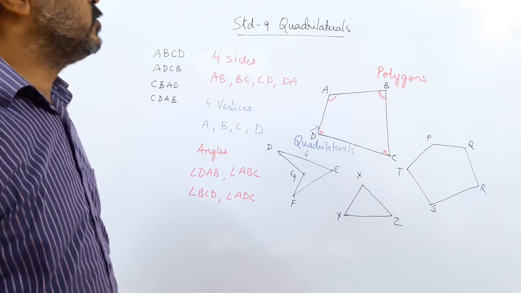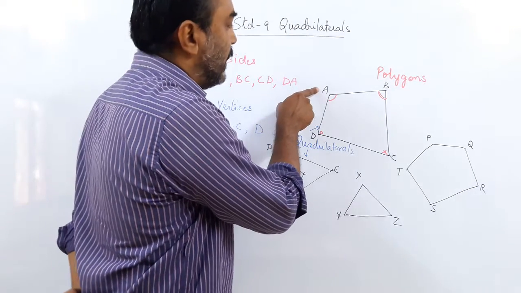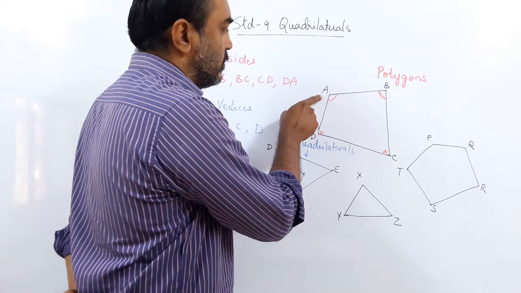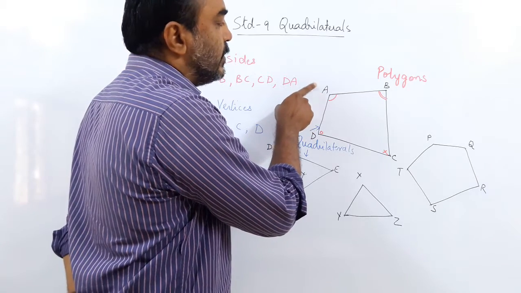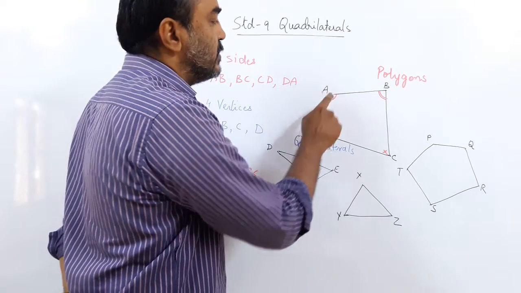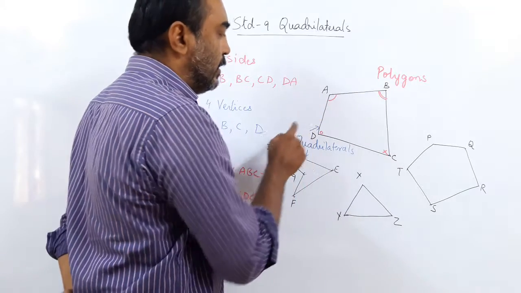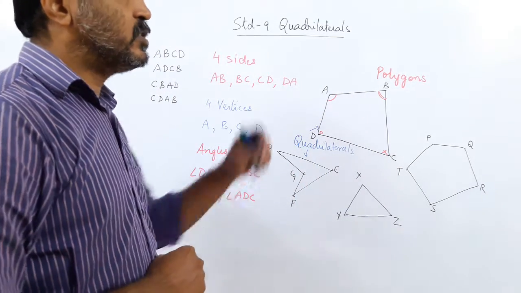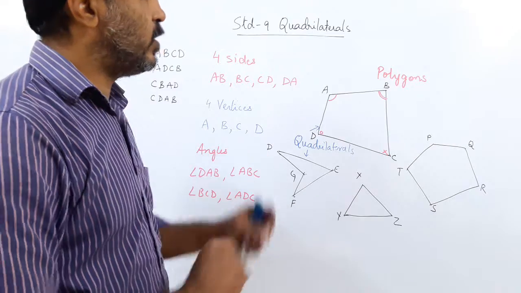Now to understand diagonals, look at the vertex A. The vertex A has got 2 adjacent vertices, B and D. What does adjacent mean? Which is on the side. Those on the sides are called adjacent.